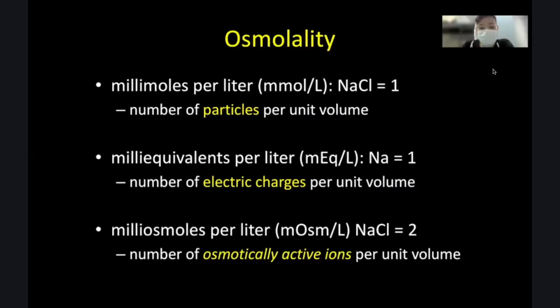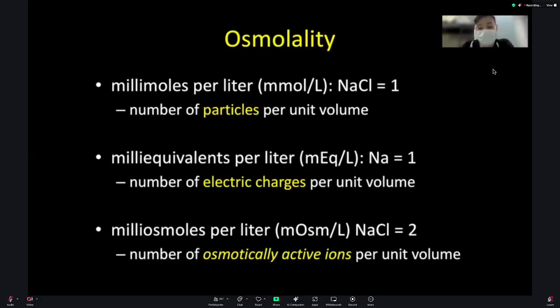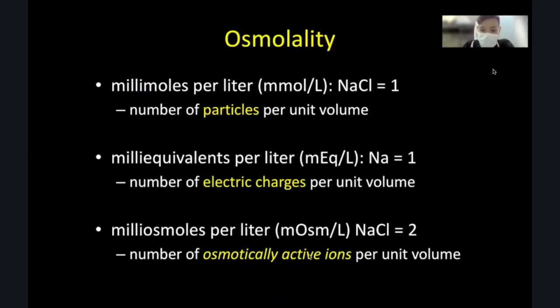Milliosmoles is the number of osmotically active ions per unit volume. Since sodium is one active ion and chloride is another active ion, that's why it's 2 osmotically active ions. So when we talk about millimoles, the number of particles in sodium chloride is always together, that's 1.